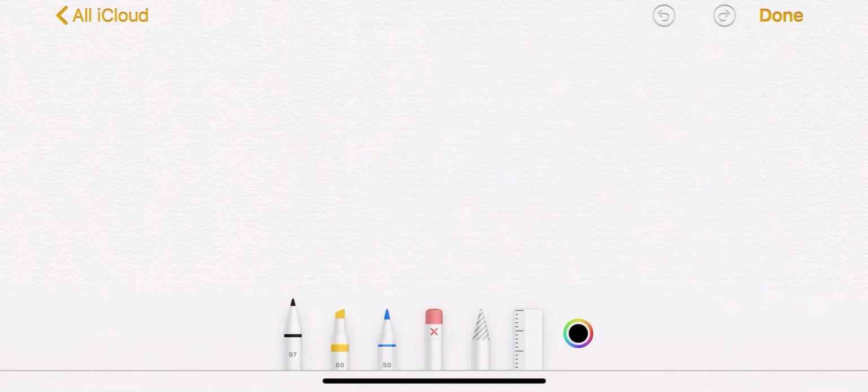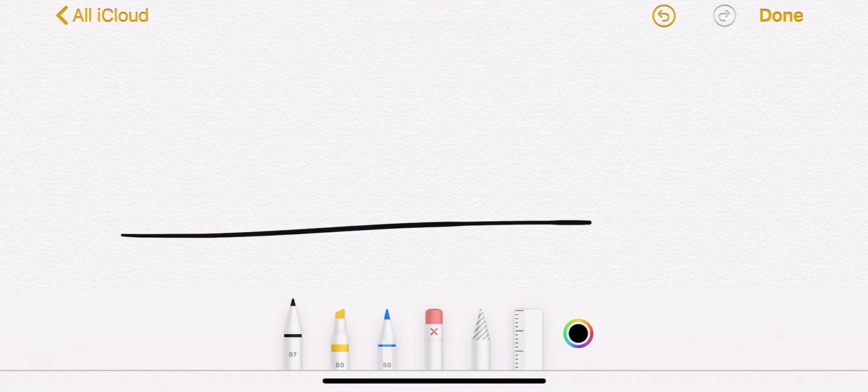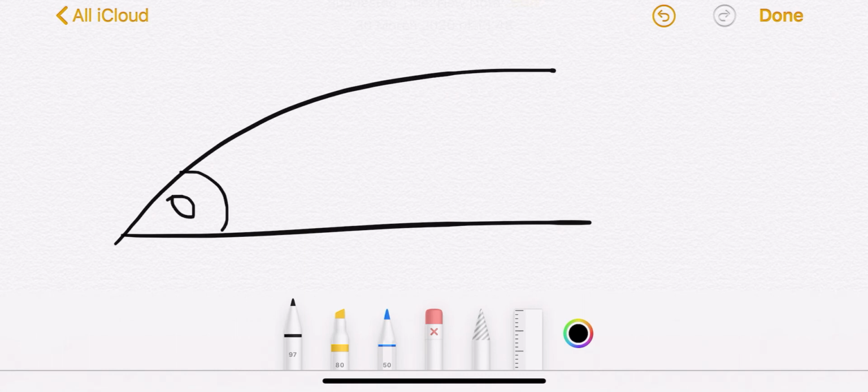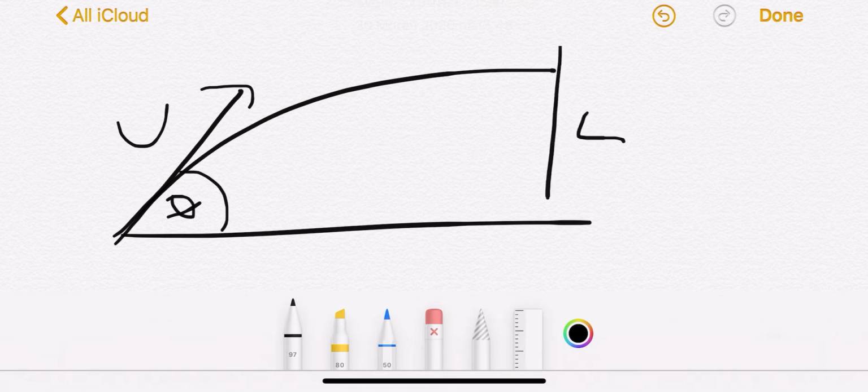Exercise 21.3, question 12. In this situation, we've got a ball being kicked at an angle of theta and a speed of u. We're given that the height here is 4 and the distance here is 32.